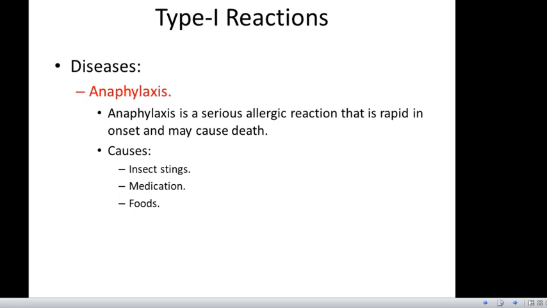Important diseases because of the type 1 reactions include, first of all, anaphylaxis. Anaphylaxis is a serious allergic reaction that is rapid in onset and may cause death within minutes. Anaphylaxis can occur because of insect stings, medication, and food allergies.